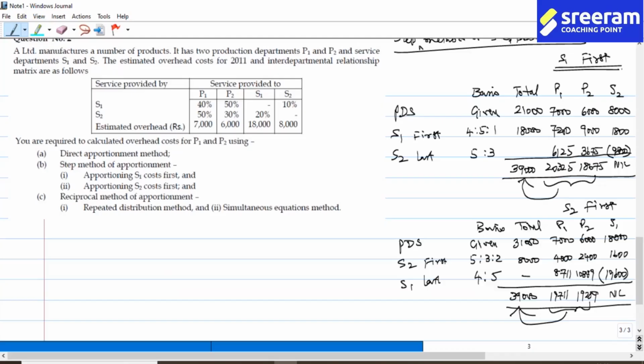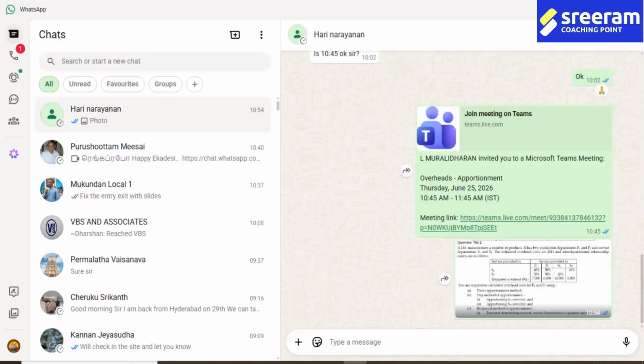Is that okay? Now, under the repeated distribution method, I would like to take it up through Excel because a lot of working is involved in the distribution. So therefore, I would like to take it up through Excel.